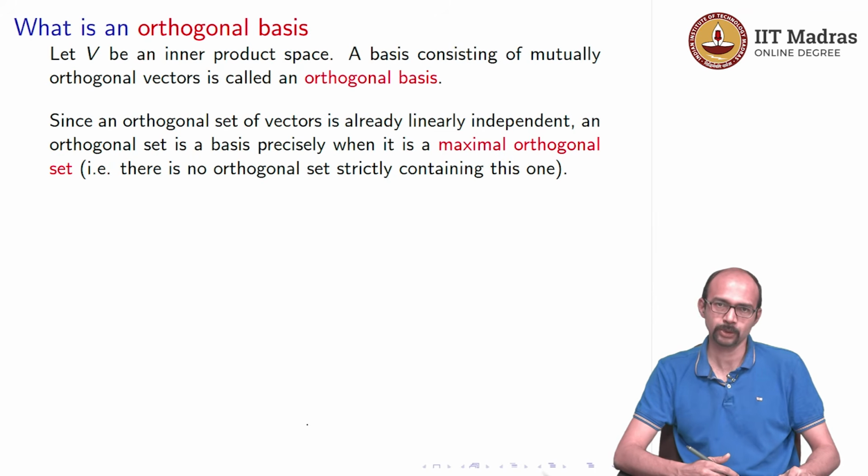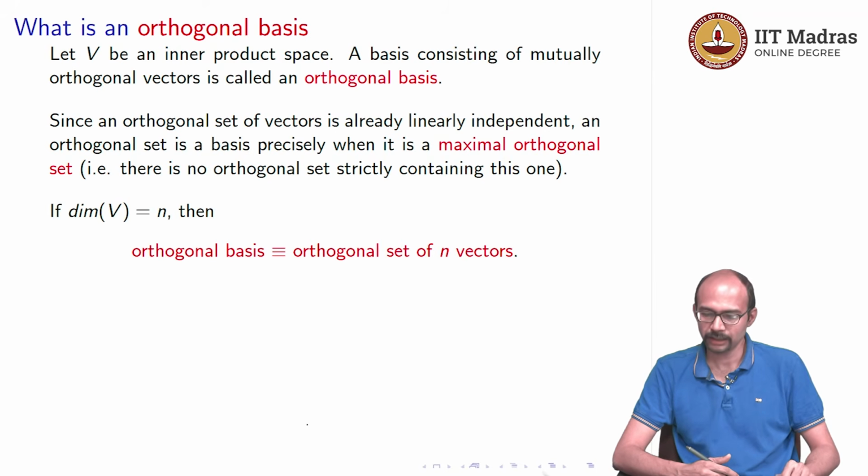A set is called a maximal orthogonal set if there is no superset which is also an orthogonal set. Specifically, if the dimension of V is n, then an orthogonal basis is exactly an orthogonal set of n vectors. So, this is what you should keep in mind.